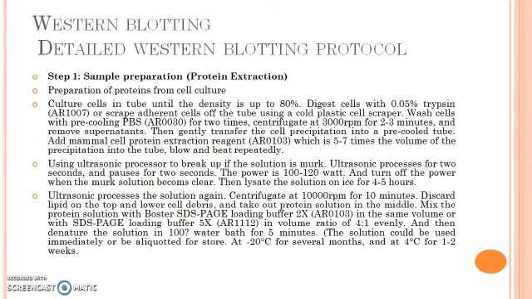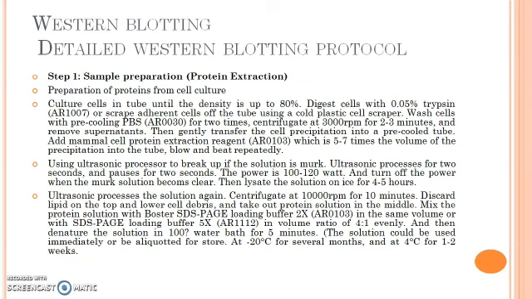Sample preparation: preparation of proteins from cell culture. Culture cells in a tube until the density is up to 80%. Digest cells with 0.05% trypsin or scrape adherent cells off the tube using a cold plastic cell scraper.